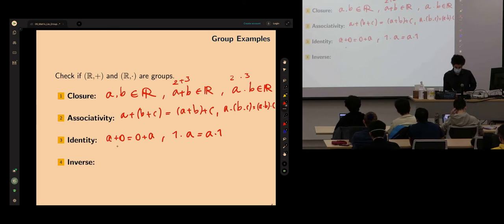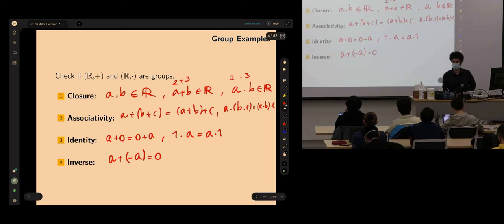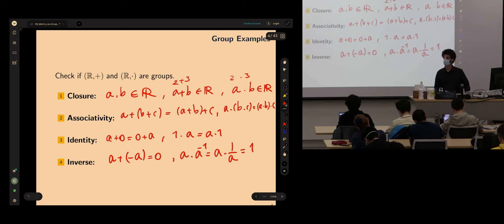What about the inverse element? For the additive group, we have the negative sign, which will give you, of course, the identity element. For the multiplicative group, we have the reciprocal of the element, which will give you the identity element, right?